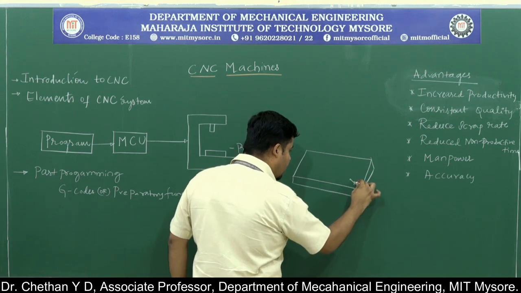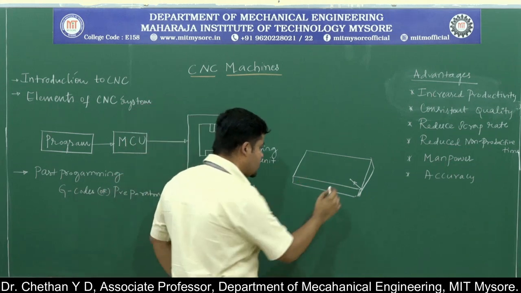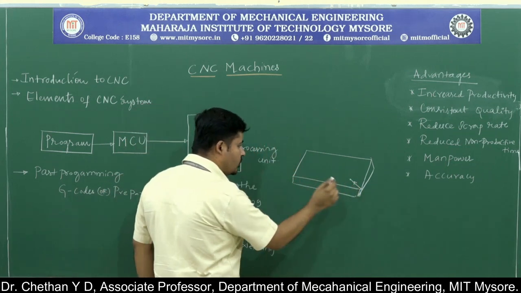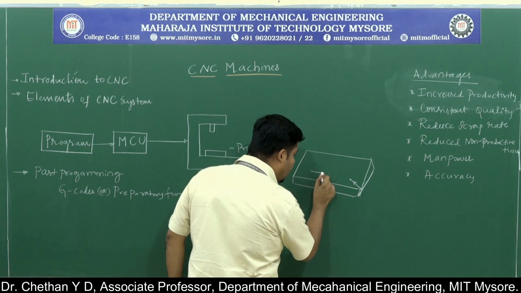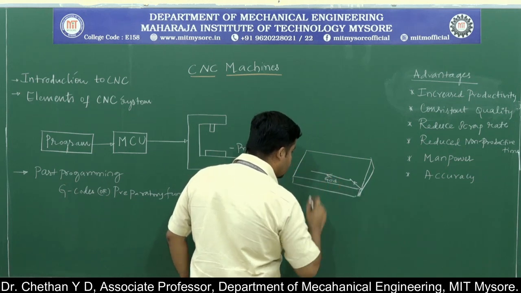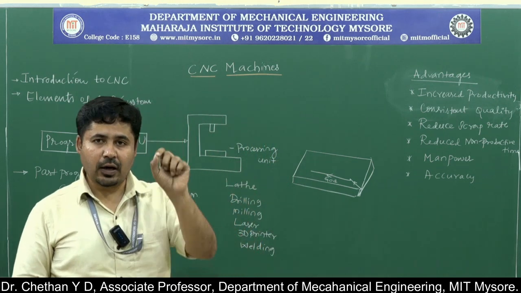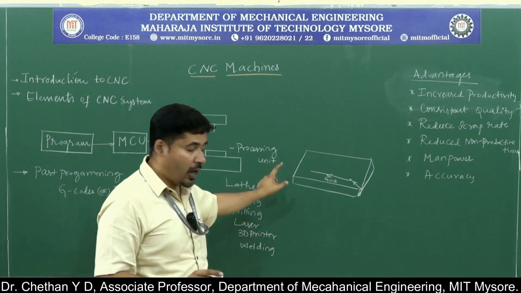For that the code required is rapid traverse. Once it has reached the destination point and has to move in a linear direction, you can have the code G01. G01 stands for the linear interpolation of the cutting tool from one end to another end.